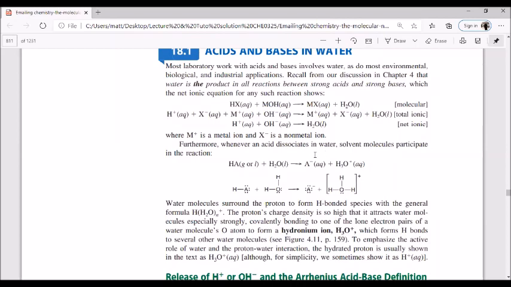For example, this is the general equation. Take the acid either in gaseous form or liquid form. Usually it is in the form of a molecule, an HA molecule.